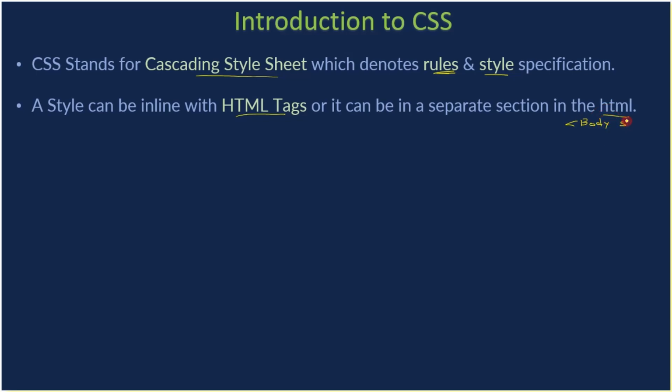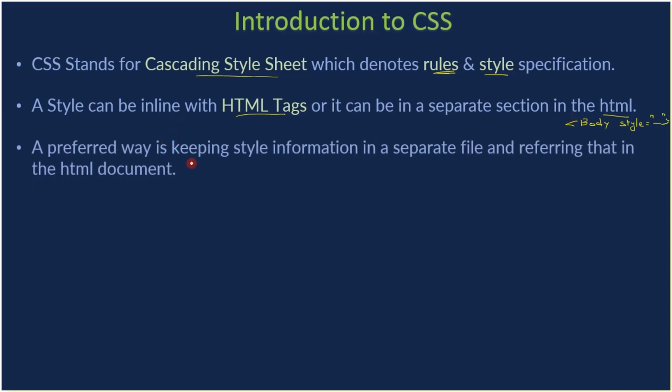So in the body tag itself you can specify the style. So a style can be in line with the HTML tag like this, or it can be in a separate section in HTML. That means you can define a separate section for the style and define all the style and refer back in the body.